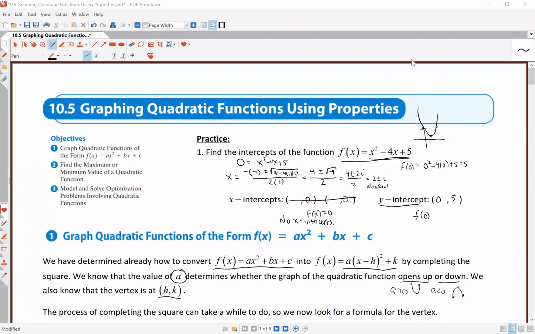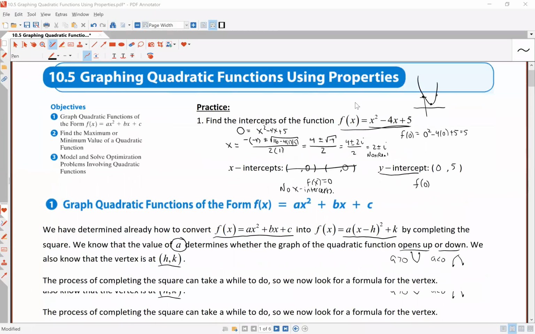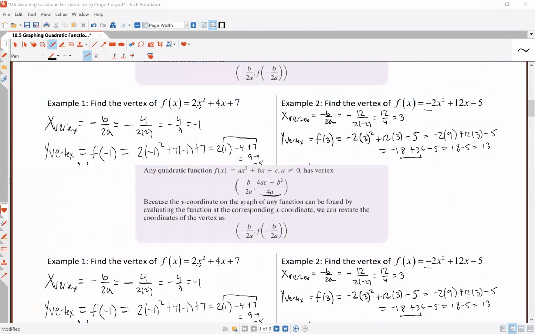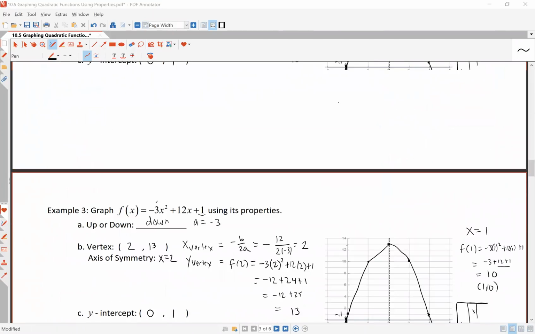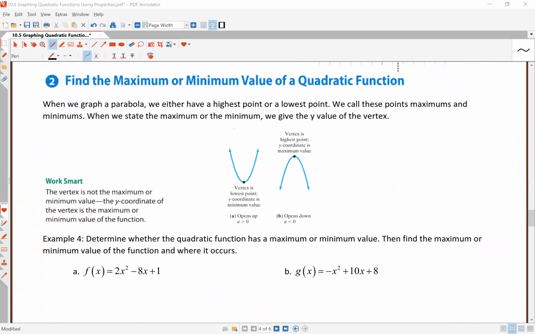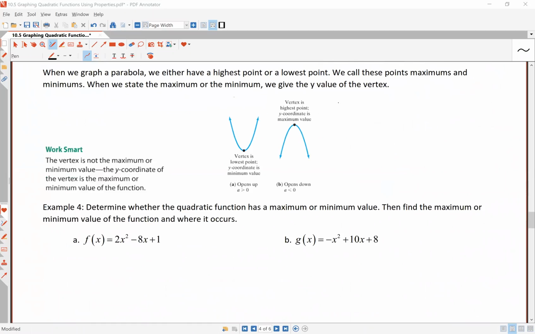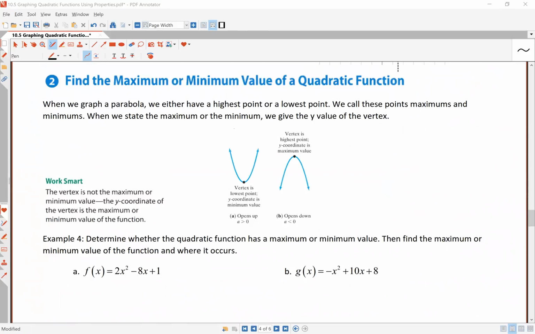This video covers section 10.5, graphing quadratic functions using properties. Objective 2, find the maximum or minimum value of a quadratic function. When we graph a parabola, we either have a highest point or a lowest point at the vertex.